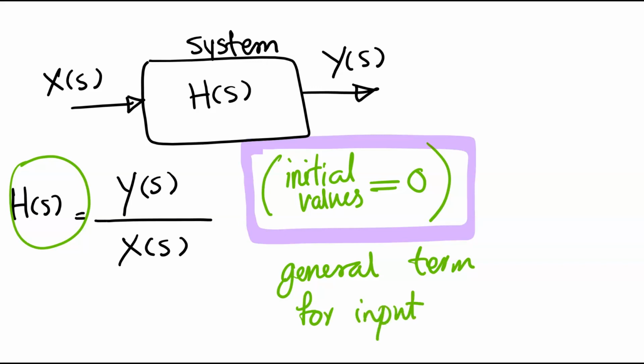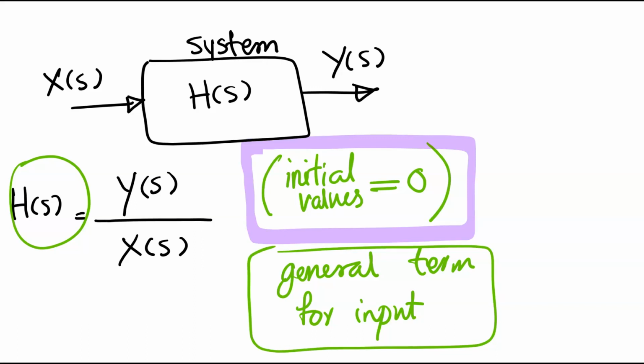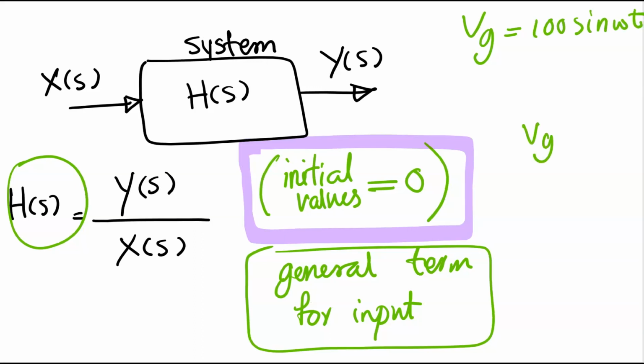I'm not supposed to specify exactly what my input is. So even if I tell you, for example, VG is equal to 100 sine of omega t, you have to use VG in your calculation, and you're not allowed to use 100 sine of omega t, because then you're basically solving for your response and you're not solving for the transfer function.